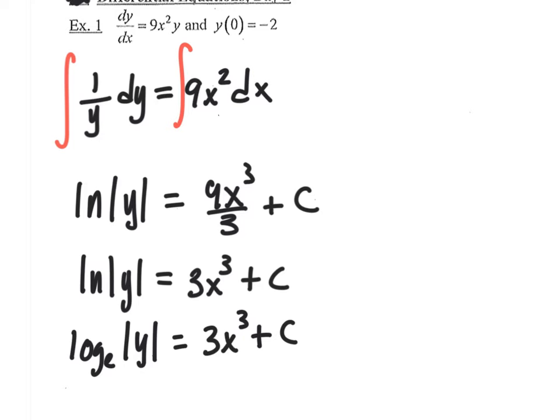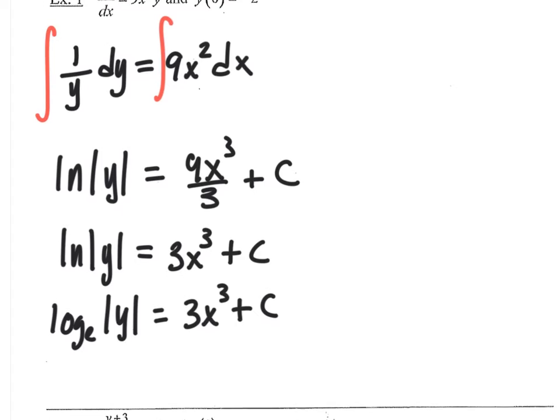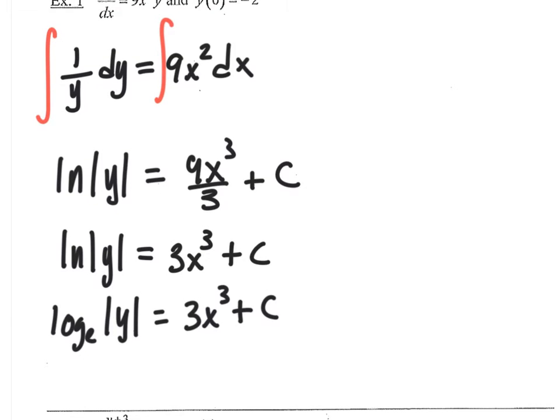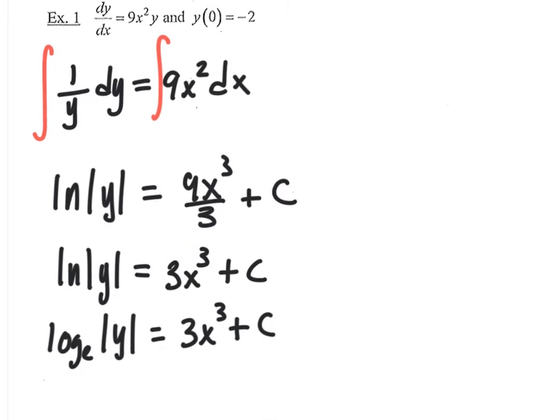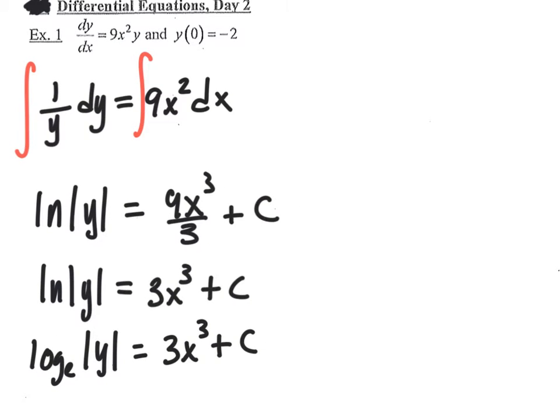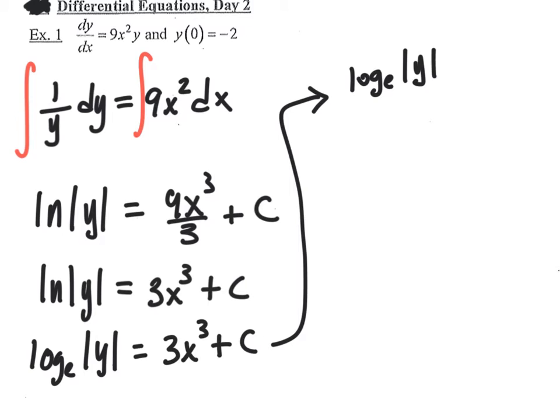Now the process here of solving this for y is pretty grueling, so I'm going to rewrite this step up here: log base e of the absolute value of y is equal to 3x cubed plus c.